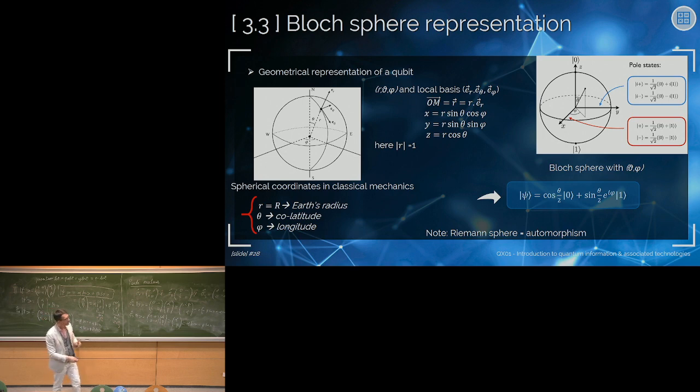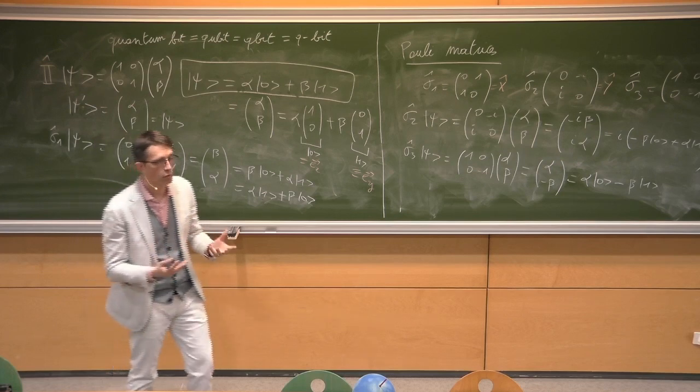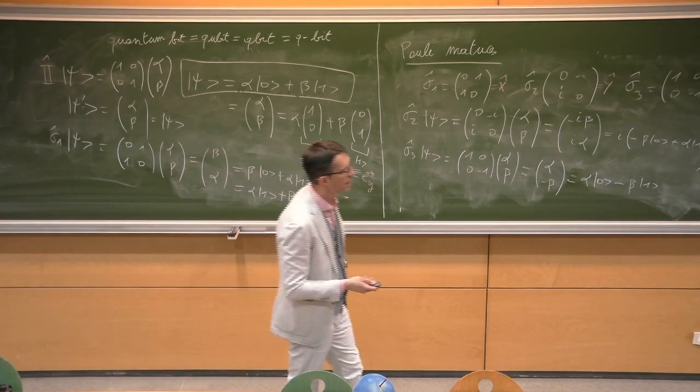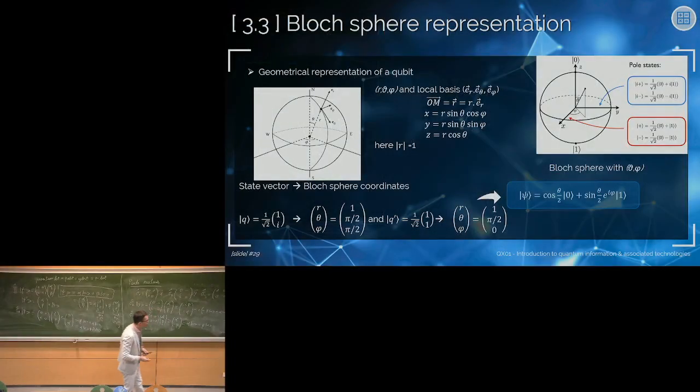One thing I didn't say is that in the Bloch sphere representation, we have theta and phi, and we don't have r, in the sense that r is the norm of the vector, and the norm of the vector, as we said, is 1. So it's a sphere with a radius of 1 because these are normalized vectors. So now I can represent any qubit.